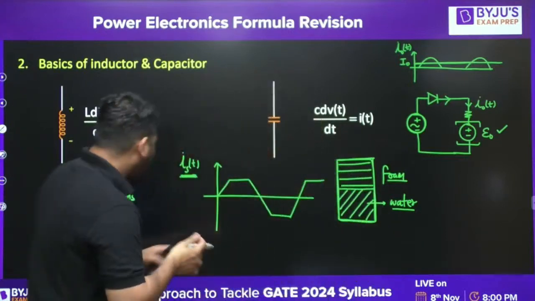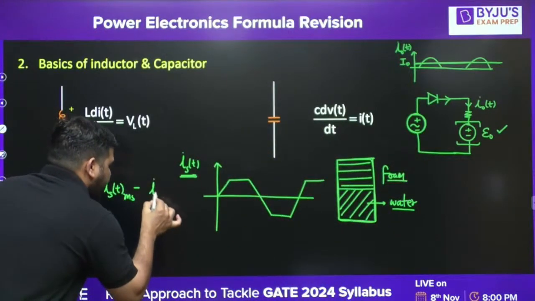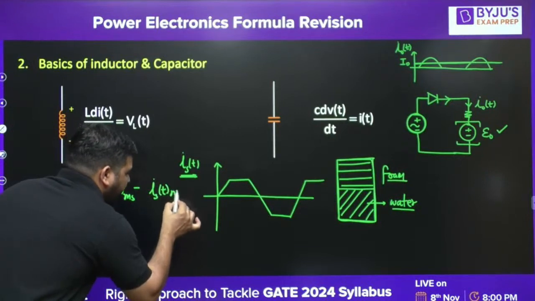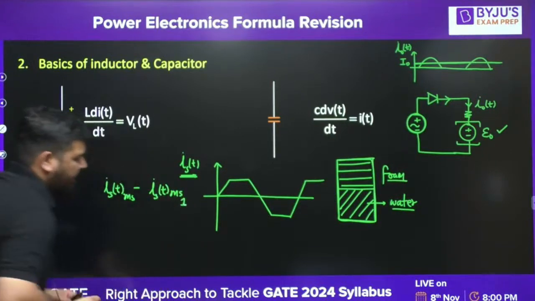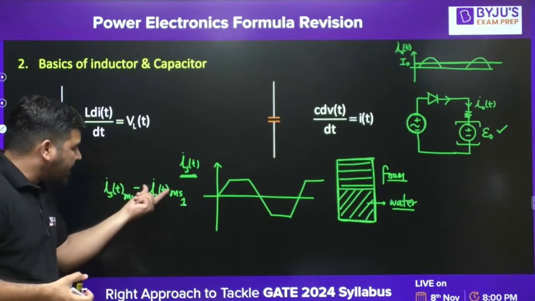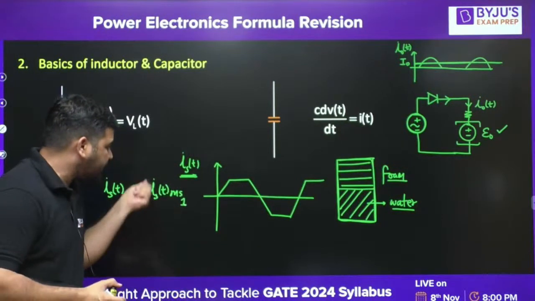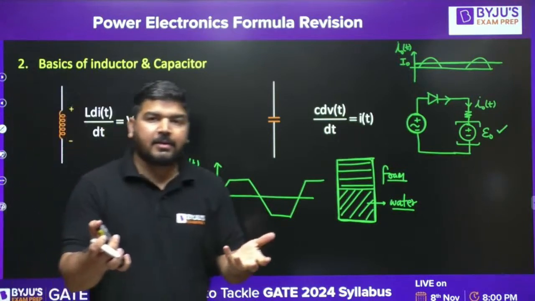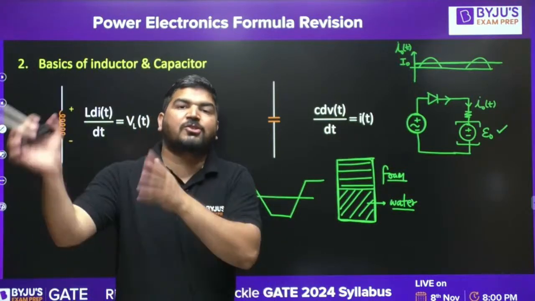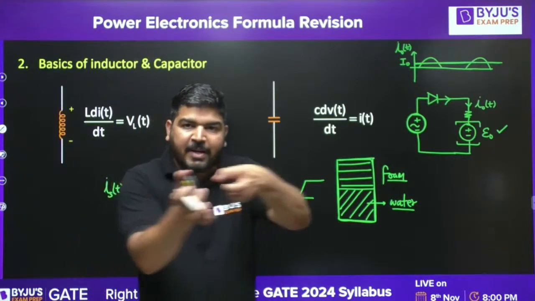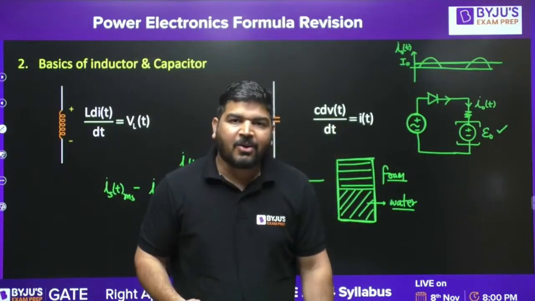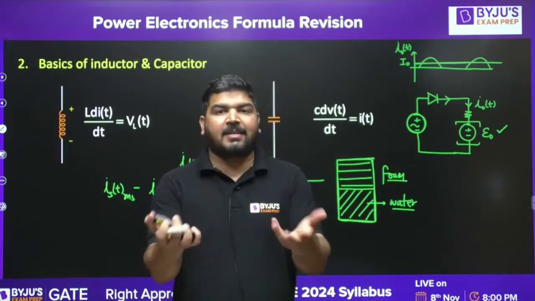So I can subtract the RMS value of the fundamental term. If I separate out the fundamental sinusoid RMS, then you will get the RMS value of the distortion, because you have separated the fundamental part. The remaining part is the distortion.